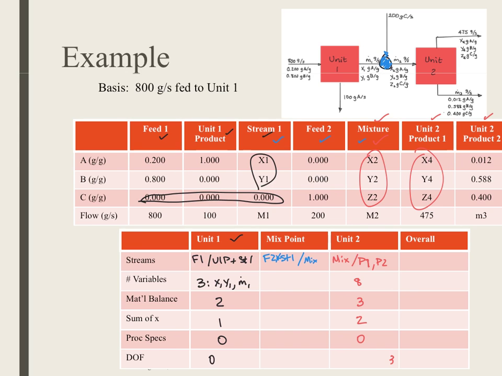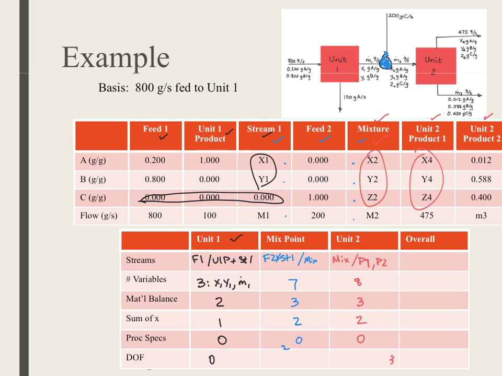I have therefore 1, 2, 3, 4, 5, 6, 7 variables. Now this does involve all 3 components, so I have 3 material balances. I have 2 sum of x equations, no process specs. 7 minus 5, however, is 2, and so I have 2 degrees of freedom. So this one is not quite ready to solve.